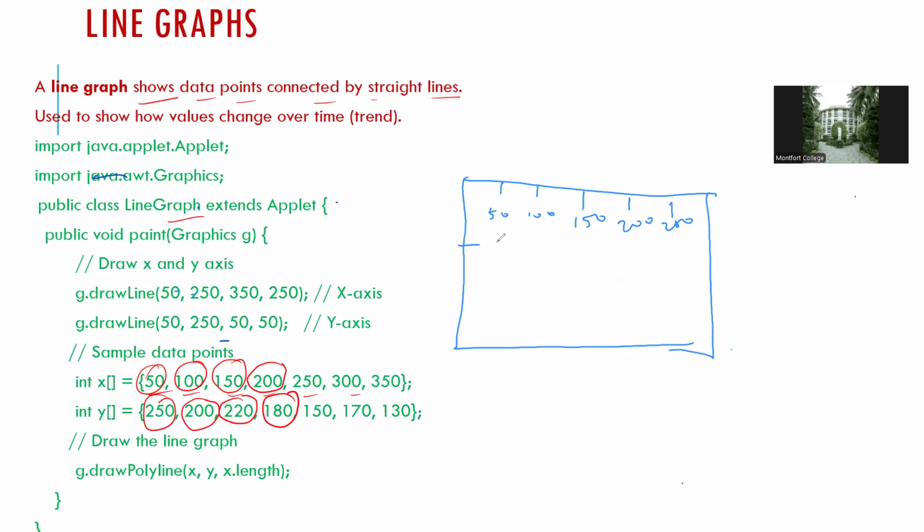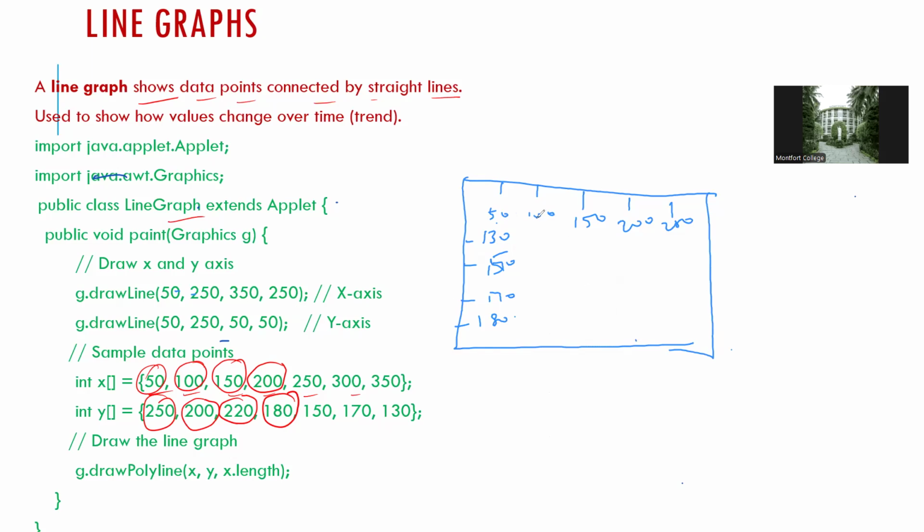And on the other axis, we are starting with 130, here 130, here 150, 170, 180, and so on.